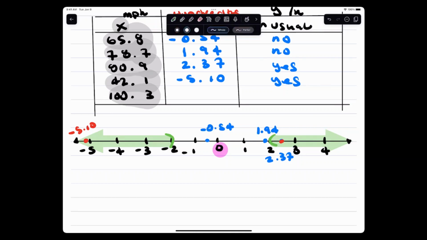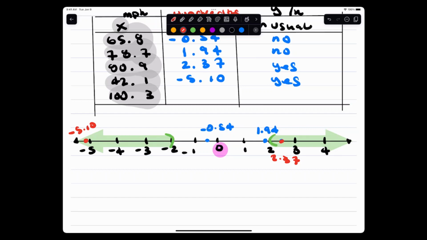I'm going to put 2.37 here in red just so that it stands out, so you guys can see these things. You're right, it is unusual, and it's an unusually slow speed because it's to the left of 0, and it's more than 5 standard deviations below the mean.